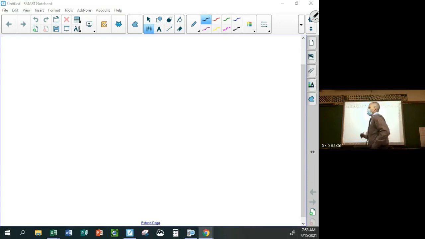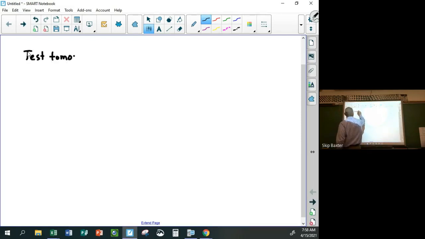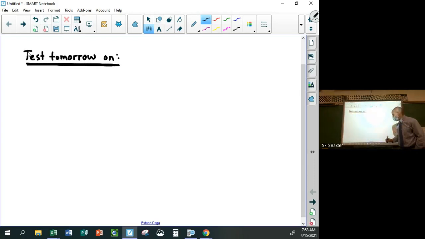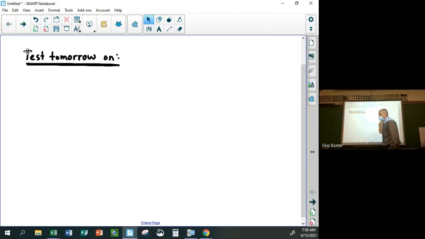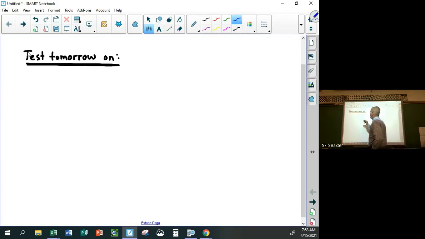All right, so there is a test tomorrow. So let's just review what's on the test. This unit is all about area of plane figures. So we have area of rectangles.